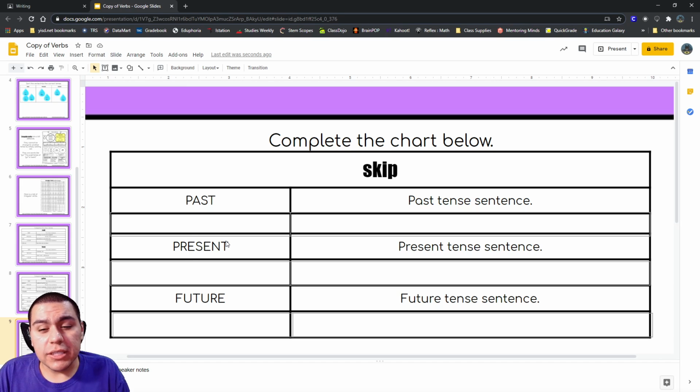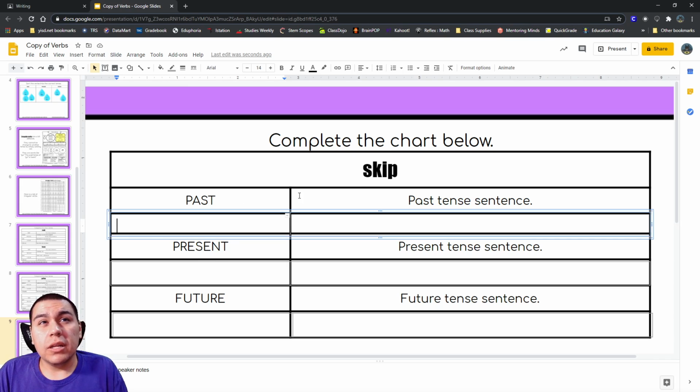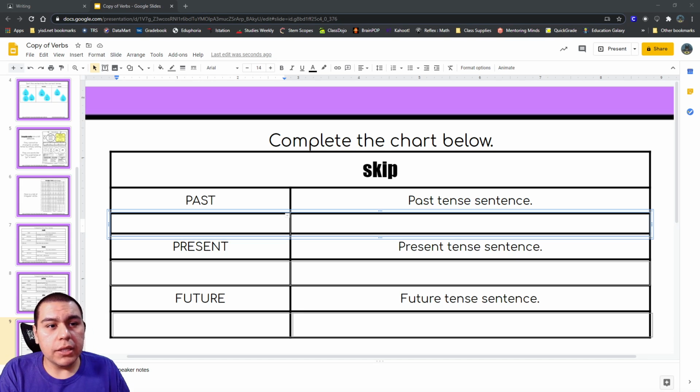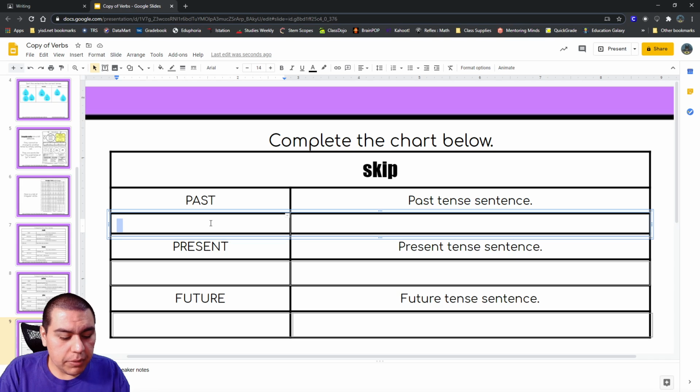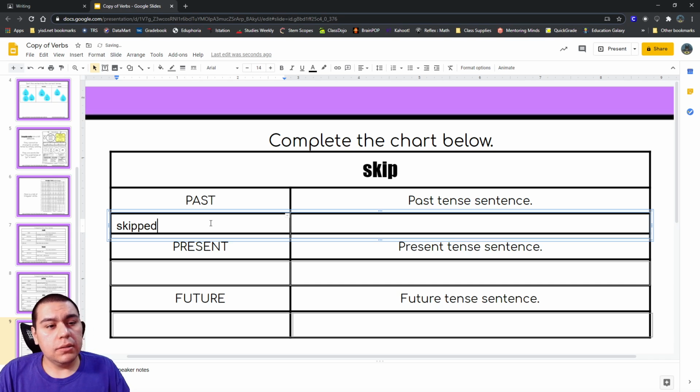All right, next one, skip. Skip is a regular verb, so that means when I make it past tense, I add ed. Now there is something different about skipped as far as our spelling goes. When I make it a past tense, it's going to be slightly different only because I have to put two P's instead of one.